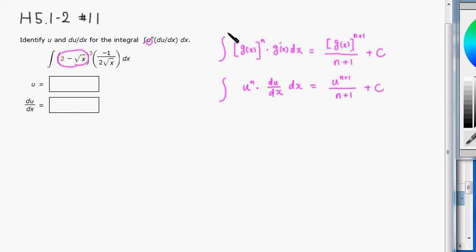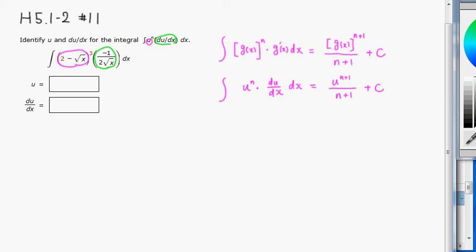And du over dx looks like it's going to correspond to negative 1 over 2 square root of x. Just make sure that you take the derivative of this u, then you will get negative 1 over 2 square root of x.